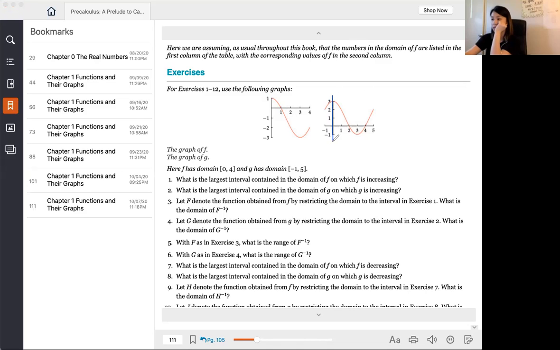When I draw a line down here, like that, this is my decreasing interval, right? So look at your x-axis. What number to what number is that? Okay, Carlos?